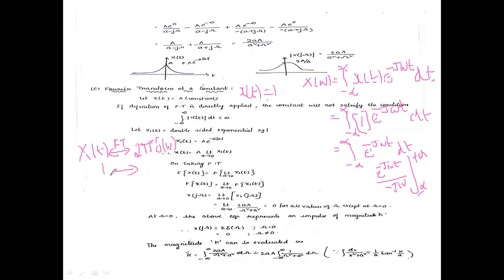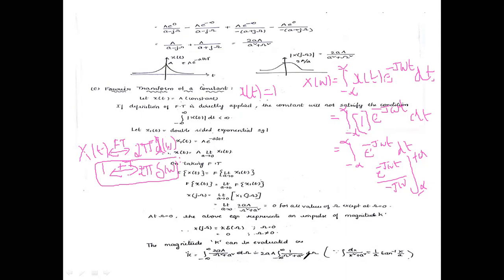So the Fourier transformation of 1 is 2 pi delta of omega.